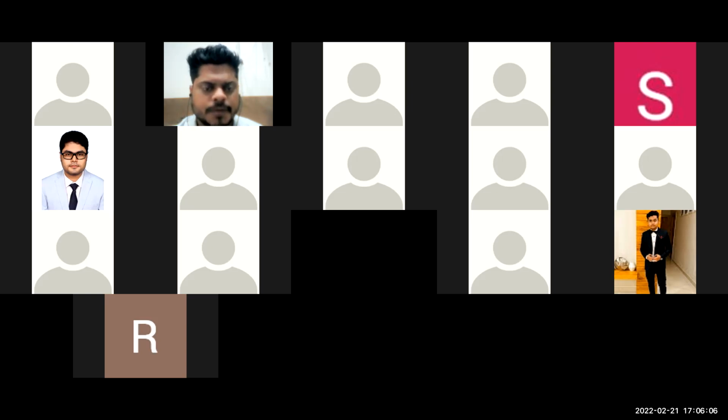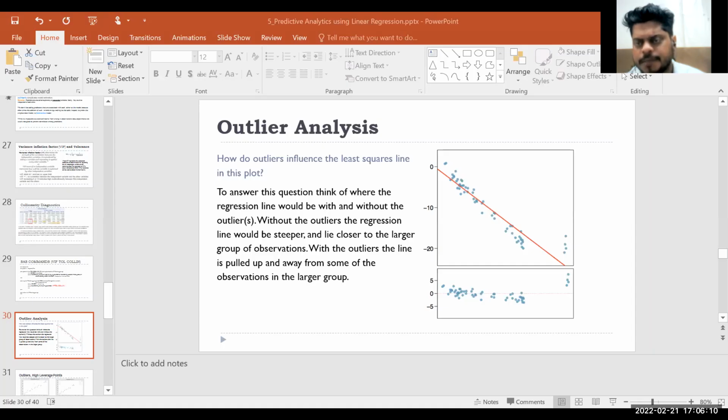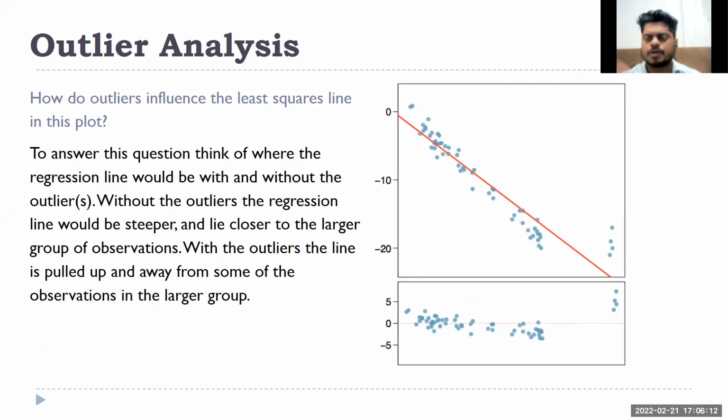So there are different types of outliers. Hopefully everybody knows, if some data is not close enough to your regression line, which is not following the trend, or not close to the center of gravity or the mean of my data points, right?